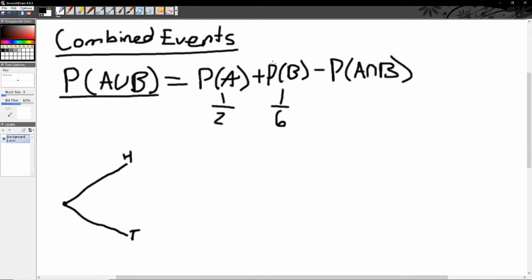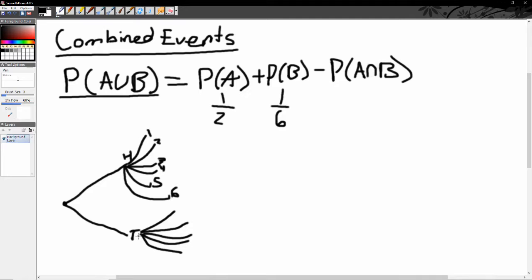Then you go through your second event, rolling a die and getting a 1. If you roll a die, you can get 6 outcomes: 1, 2, 3, 4, 5, and 6. Similarly, here you would do the same thing. You can get a 1, a 2, a 3, a 4, a 5, or a 6.